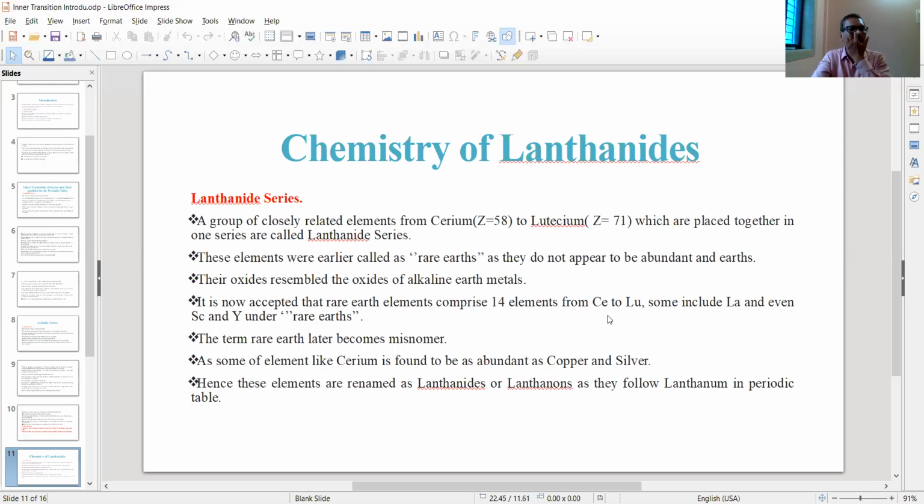That's why the term is a misnomer, as these elements are neither rare nor earths, because the oxides do not resemble the oxides of the alkaline earth metals. The oxides resemble the rare earths. That's why the term is a misnomer, and that is why they are now called lanthanons or lanthanides.